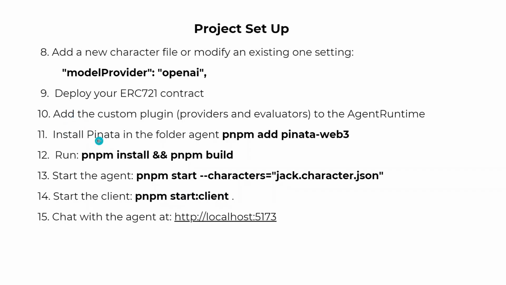And then, of course, I have installed the Pinata dependency with pnpm in the agent folder, because we will use Viem to interact with the smart contract, which is already provided inside the Eliza repository, but Pinata was not present. And then we will also see how to start the agent.